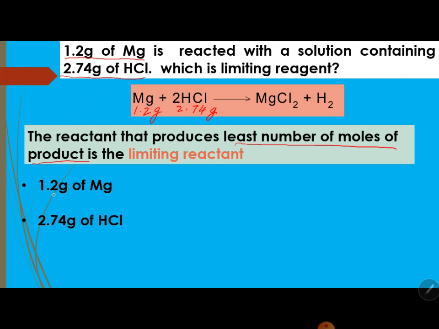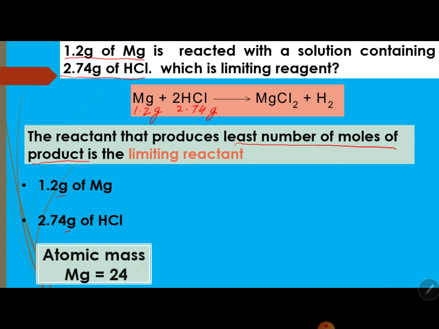In the question, you can see the given quantities are in terms of gram or mass, and we are going to calculate the number of moles of the product. So first we will convert these quantities into moles. For any conversion of gram into mole or mole into gram, we must know the molecular mass of the compound. In this case, the first reactant is magnesium. It is in atomic form.